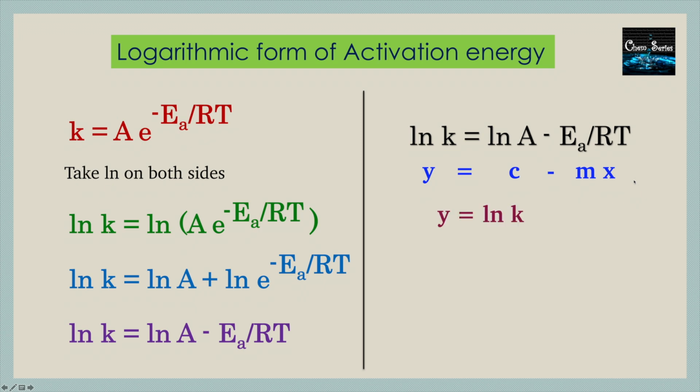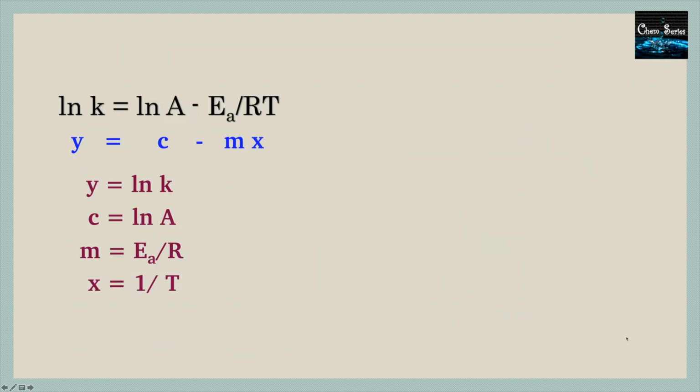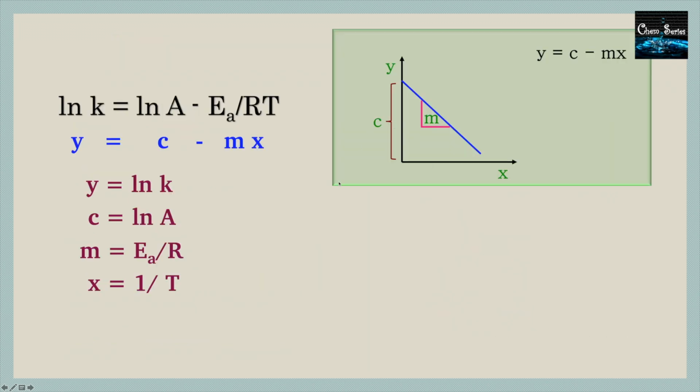It has a negative slope. So on your y-axis you have ln k, and as the intercept you have ln A, and the slope will be Ea by R, because the reciprocal of the temperature, 1 by T, will be on the x-axis. This is the general graph format of y is equal to c minus mx, with a negative slope.